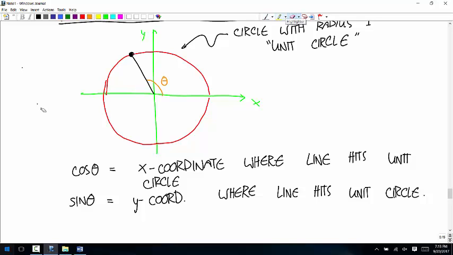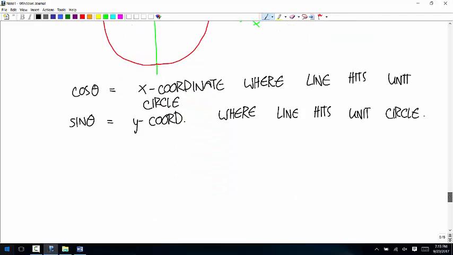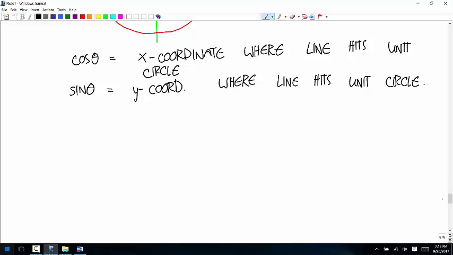Another thing that isn't going to be useful in this class, but is often useful with sine and cosine, is SOHCAHTOA. It's this made up thing.